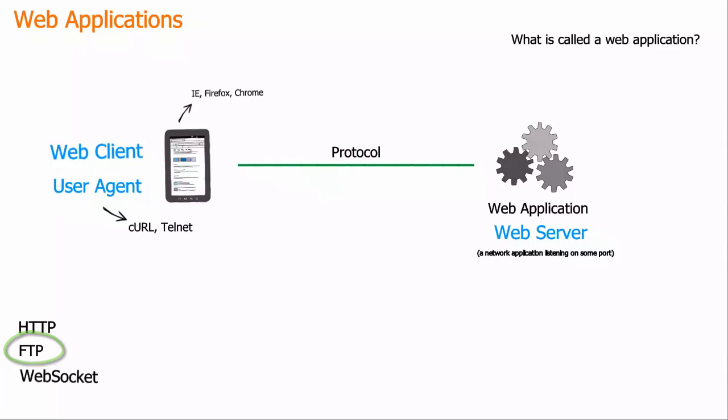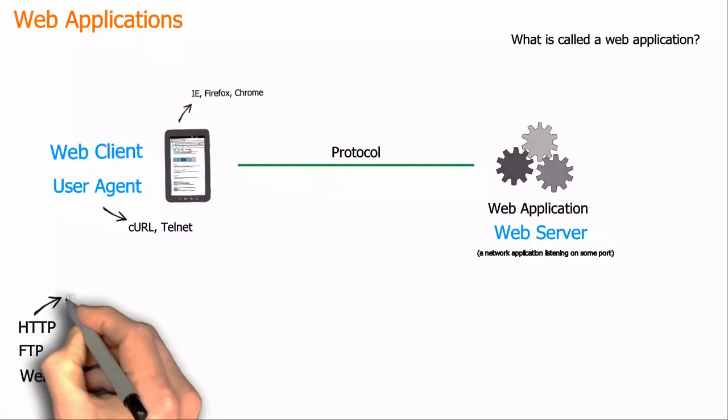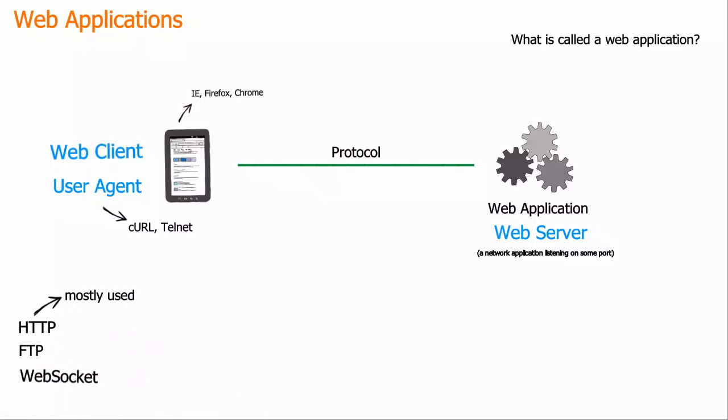Among all these protocols, the HTTP protocol is the most used protocol between the web client and the web server. That means most of the time the web client and the web server speak to one another using the HTTP protocol. In fact, in this whole tutorial, we are going to focus only on the HTTP protocol.